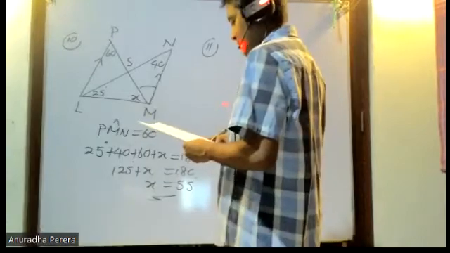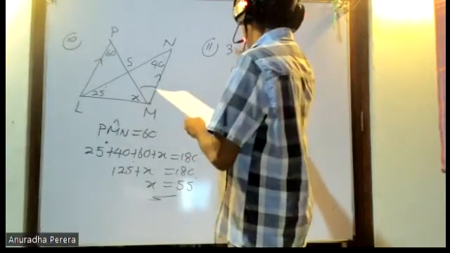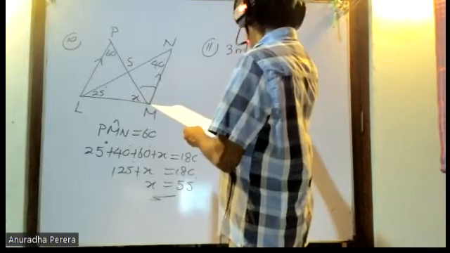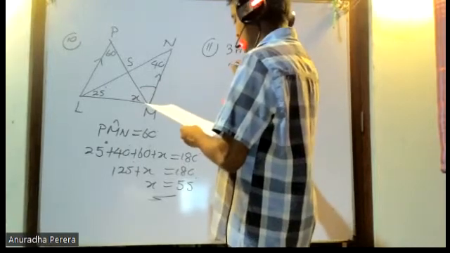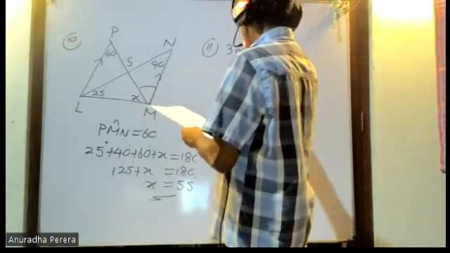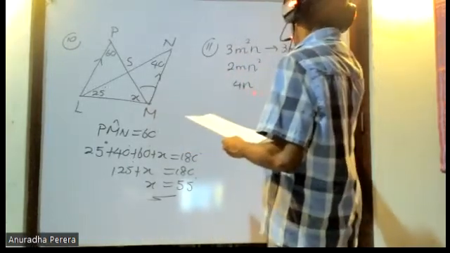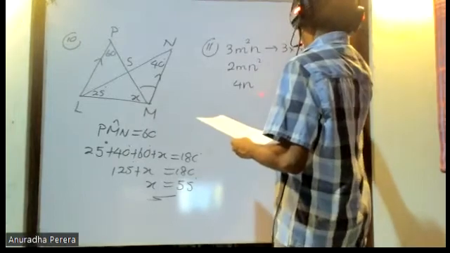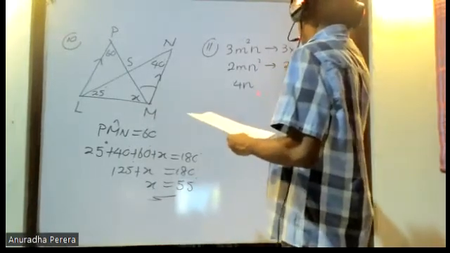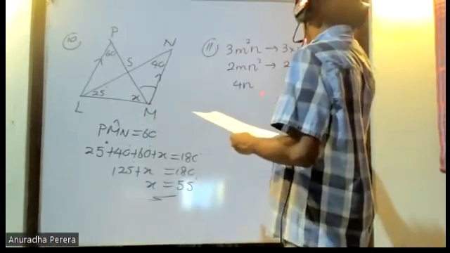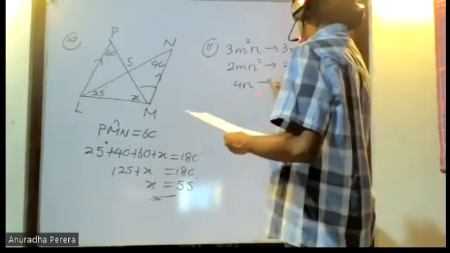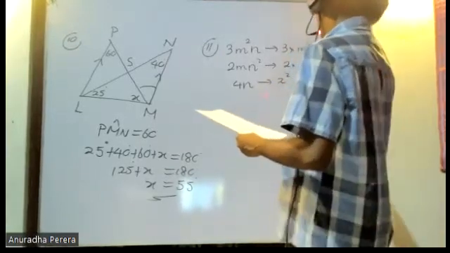Find the least common multiple of 3m squared n and 2mn squared 4n. 3 times m squared times n. 2 times m times n squared. This can be written as 2 to the power 2 n.